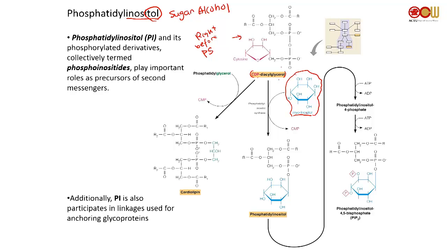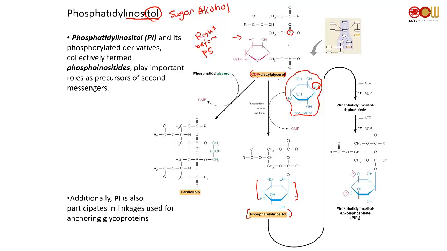This guy is kind of like a little sugar alcohol. And then what we can do is react it, using one of the OH groups, with the phosphate, just like how your PS works. OH attacks the phosphorus, and then CDP gets kicked out. And then you get this thing called the phosphatidyl inositol. So here you have a little sugar here.